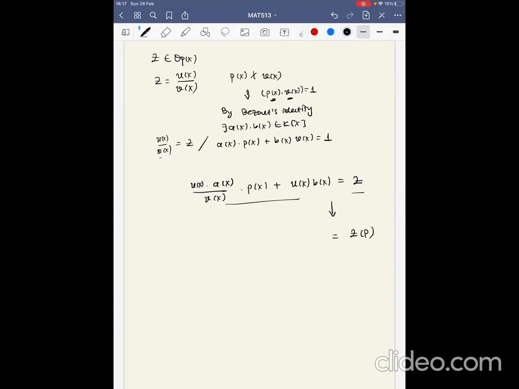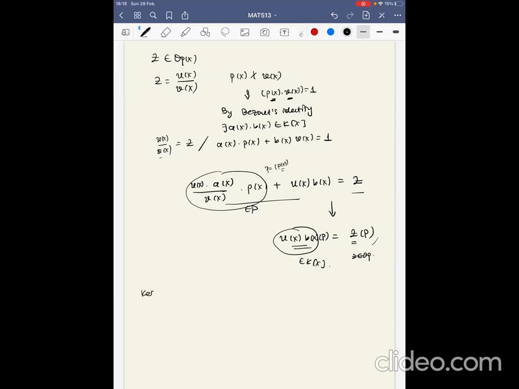Note that since the place is generated by the irreducible p of x, this multiplication lies in P, so the evaluation will be zero. This shows us that for every z in O_P, there exists a pre-image of z(P) in the polynomial ring K[x]. And we see that phi is onto.